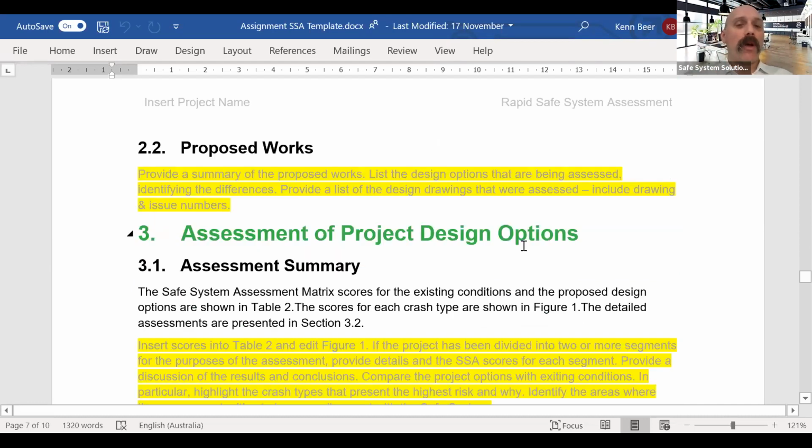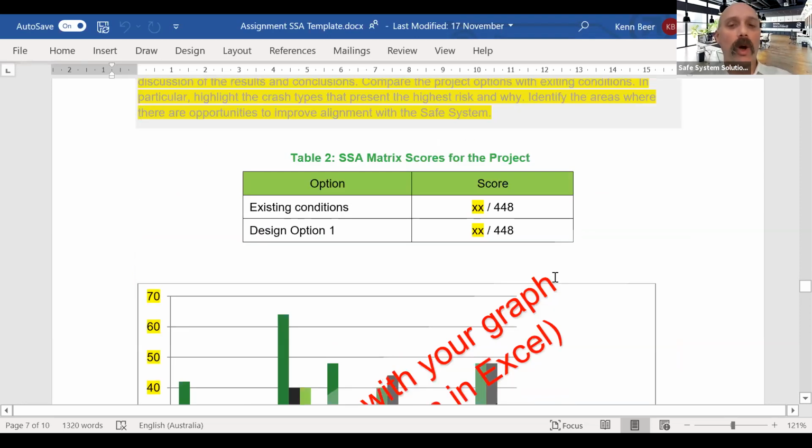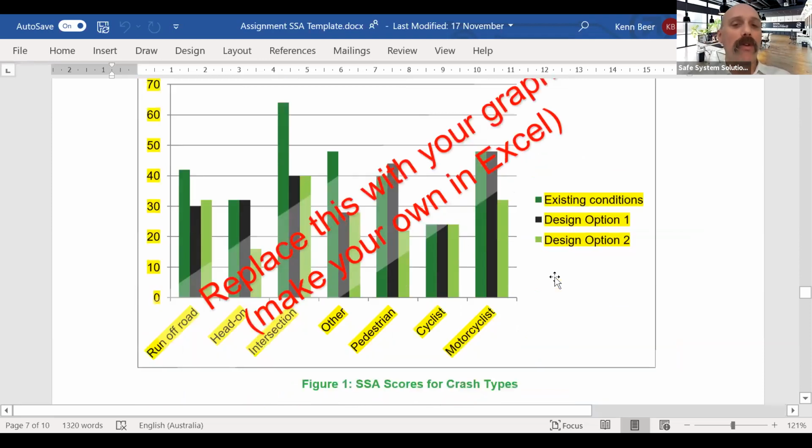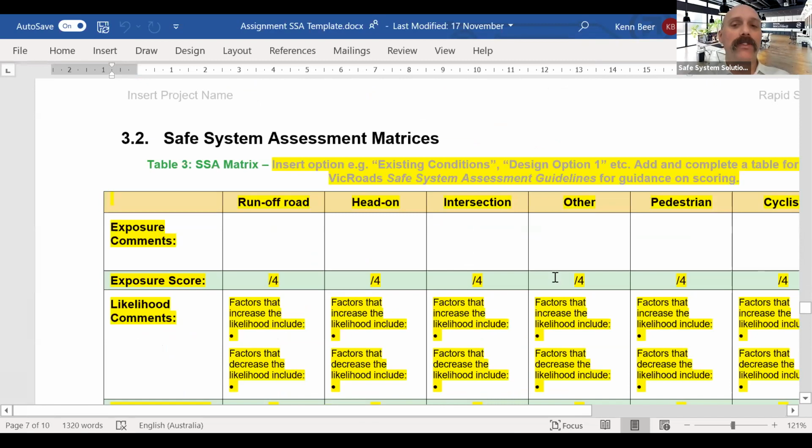Write a little description of the proposed works, which you can keep short, and then a summary of the assessment and what the outcomes were, the overarching scores with your one option. Replace this graph with your graph that you're going to create, and then we want to see the matrices.